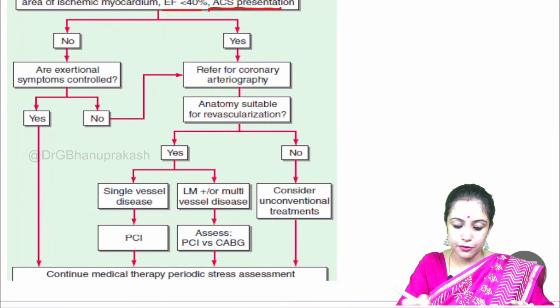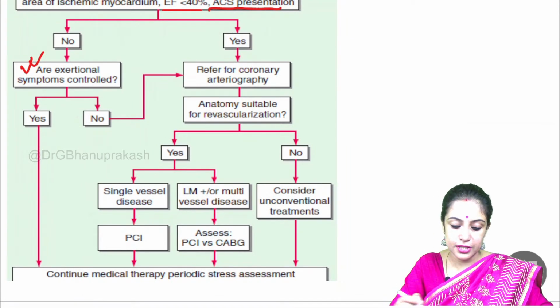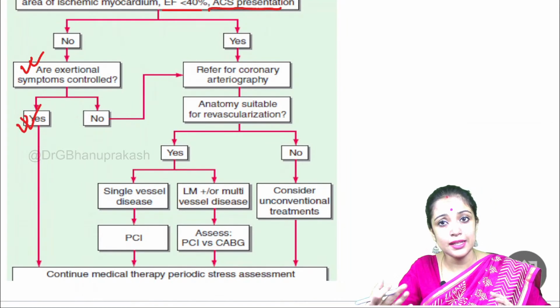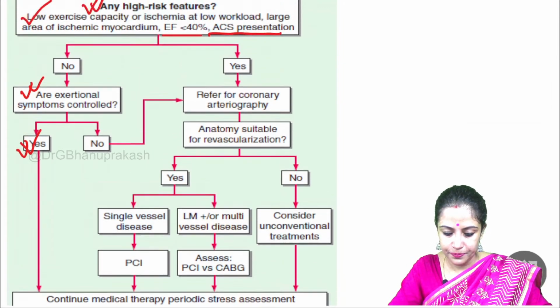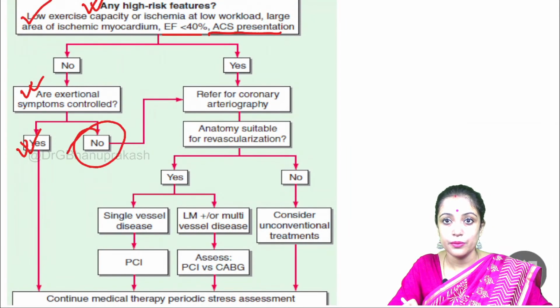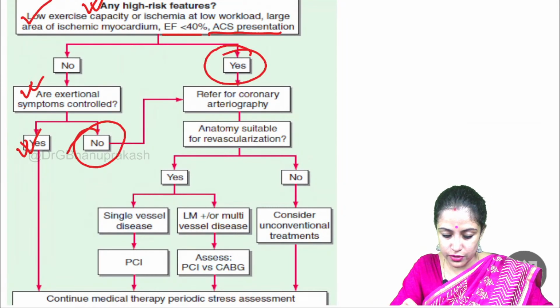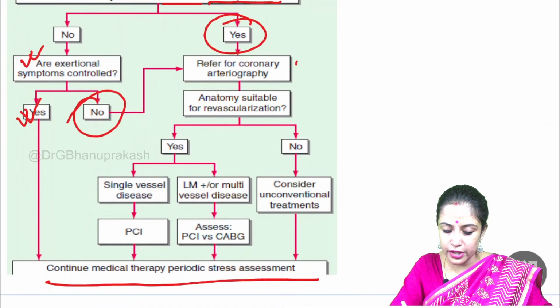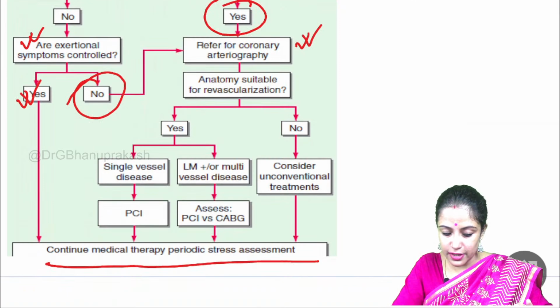If there are no high risk features, we need to see if the exertional symptoms are controlled. If the symptoms are controlled, then continue medical therapy and assess the patient periodically. If the symptoms are not controlled with conventional medical therapy, and if the patient has high risk features, then refer the patient for coronary arteriography. Is the anatomy suitable for revascularization?